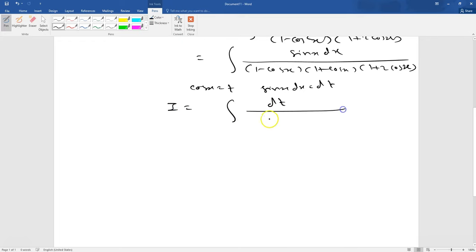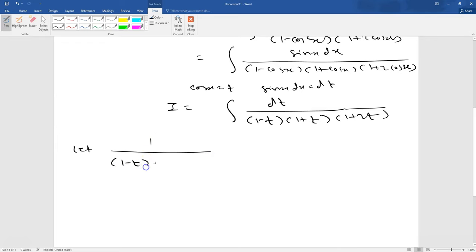dt upon (1 minus t)(1 plus t)(1 plus 2t). Correct. Now, to solve this we use partial fractions. So let 1 upon (1 minus t)(1 plus t)(1 plus 2t) is equal to a upon 1 minus t plus b upon 1 plus t plus c upon 1 plus 2t.